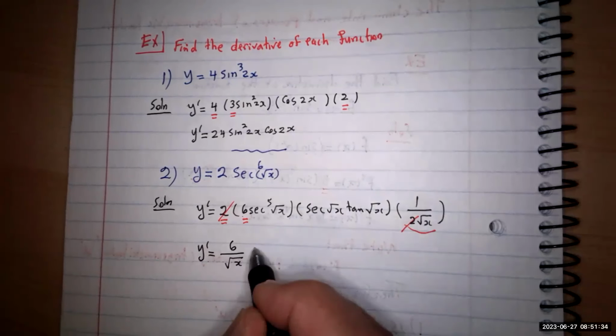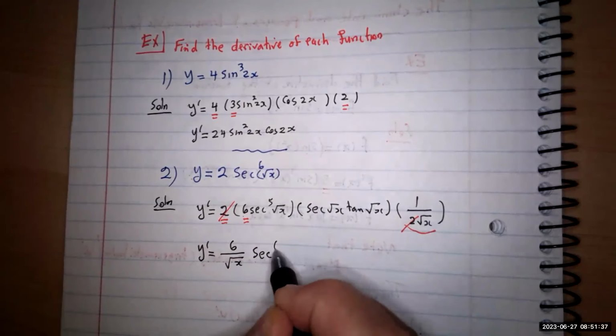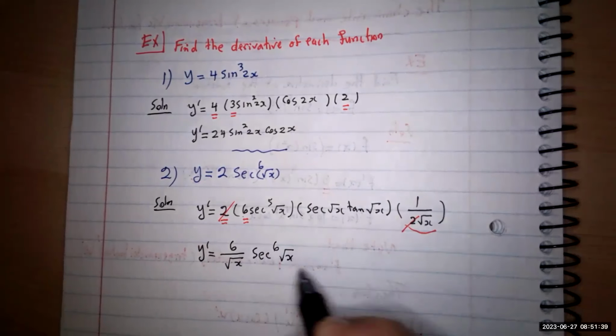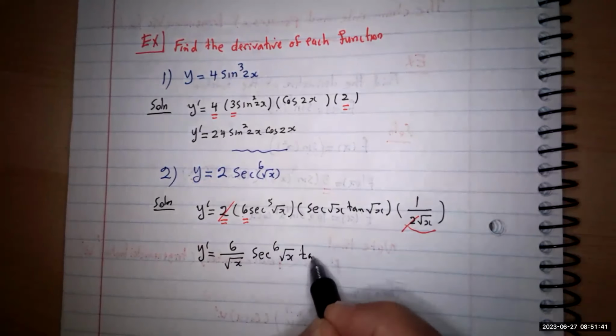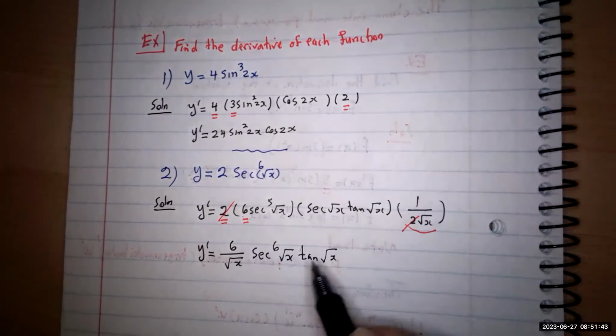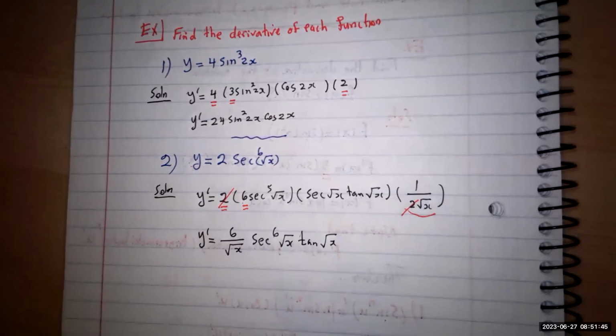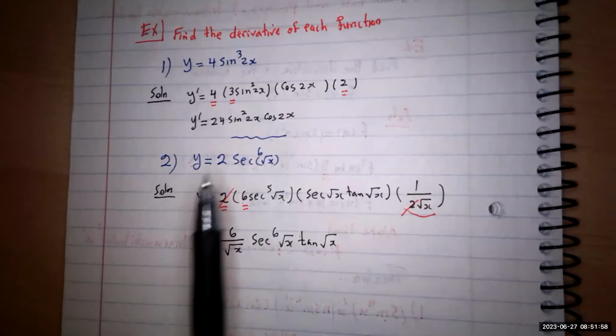So that gives you secant to the 6th of the radical x and the tangent of the radical x. So that would be the final. It is a kind of most general problem of differentiation that you can have when you're dealing with these trigonometric functions. Okay, so be careful about the secant.